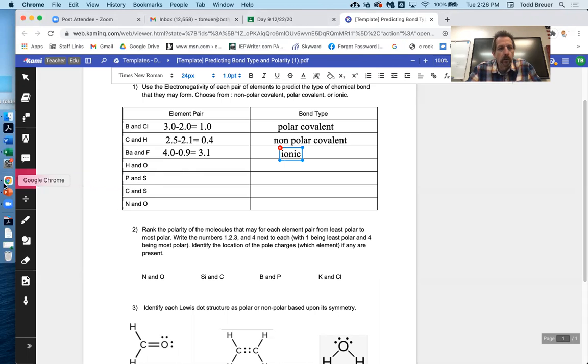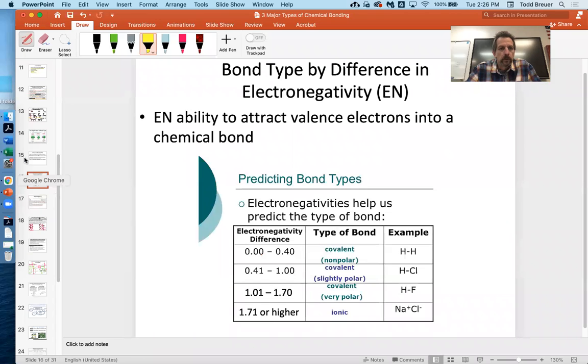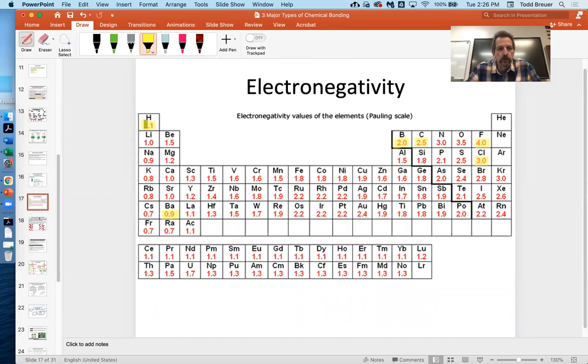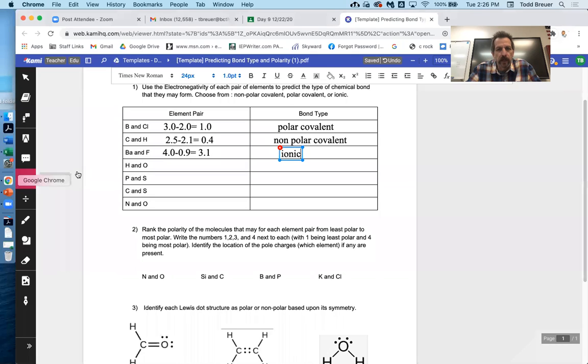H and O. So H and O, when we go and consult our chart, H is 2.1, O is 3.5. So the difference between 2.1 and 3.5 is what we're interested in. 3.5 minus 2.1, right?